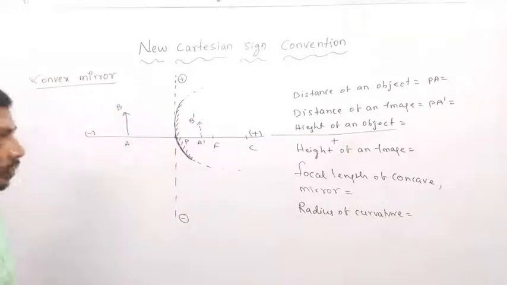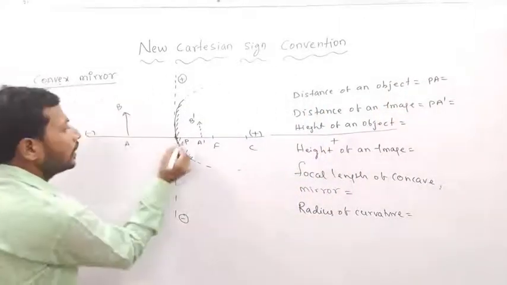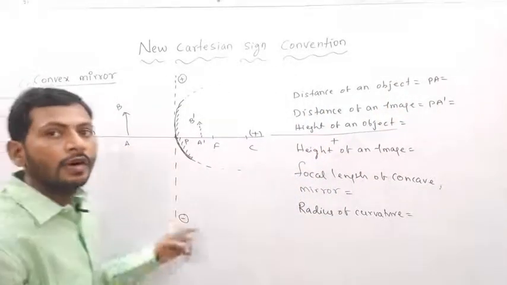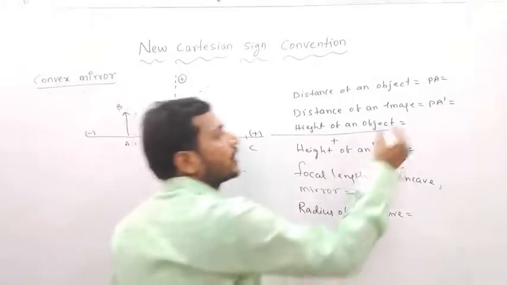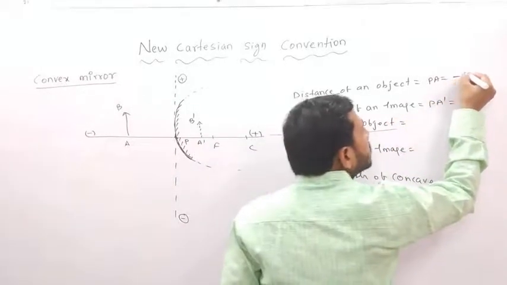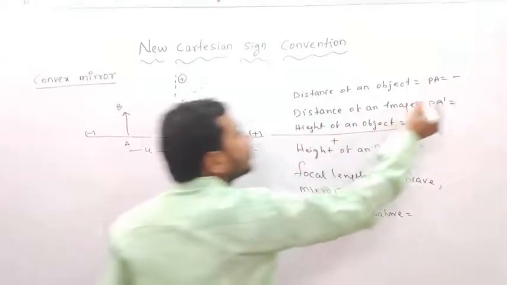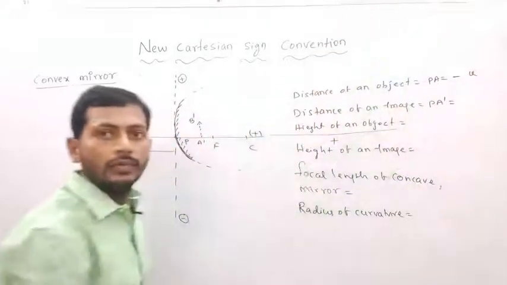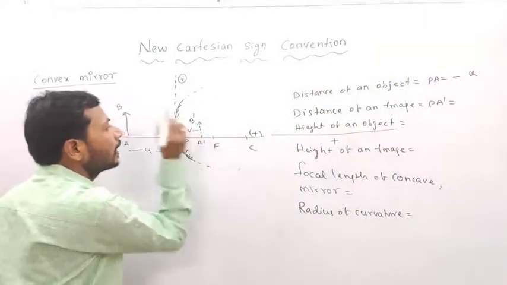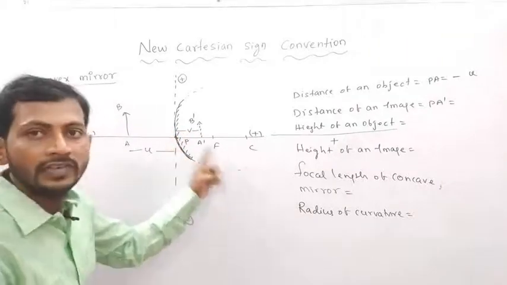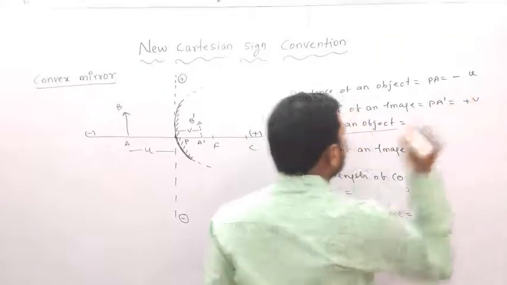Now please tell me, distance of an object, this P to A, is positive or negative? Negative because it is the left side. Minus u. Distance of image is represented by letter v. This is which side? Right side. Then I am keeping here plus v.